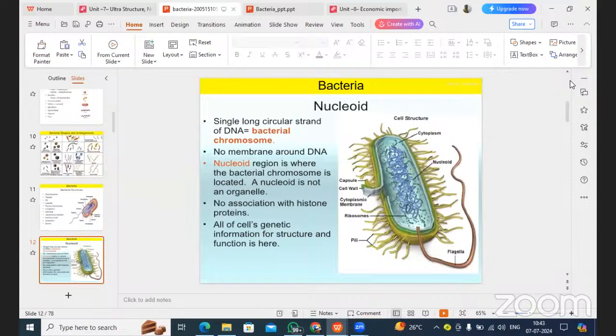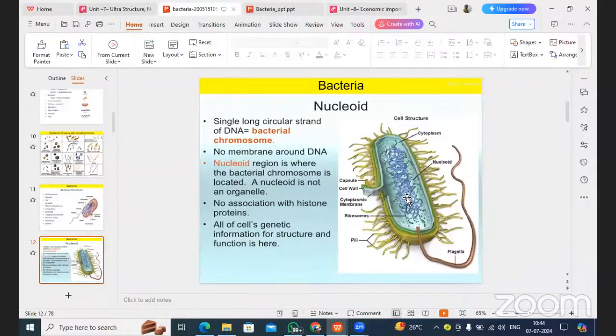You see here the nucleoid, how it is: it is naked. There is no nuclear membrane, no chromatid structure. A single long circular strand of DNA is there, not double strand DNA.